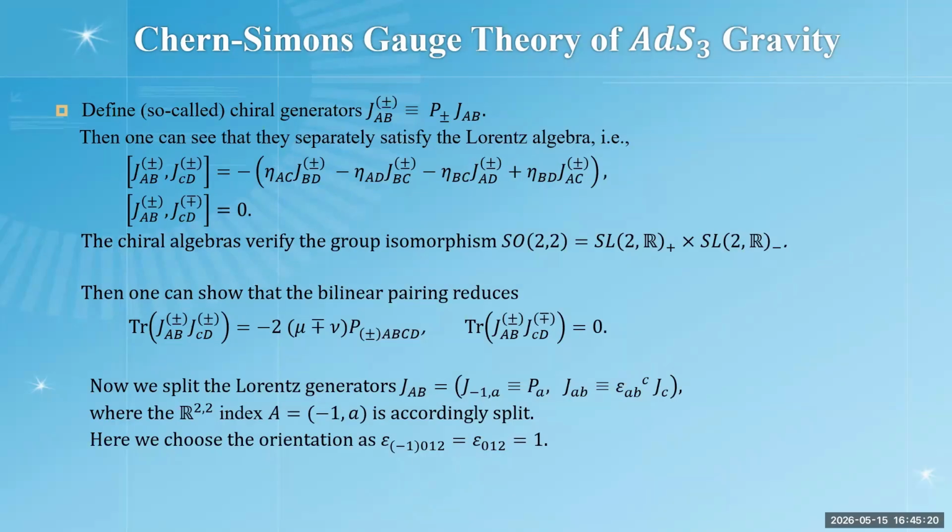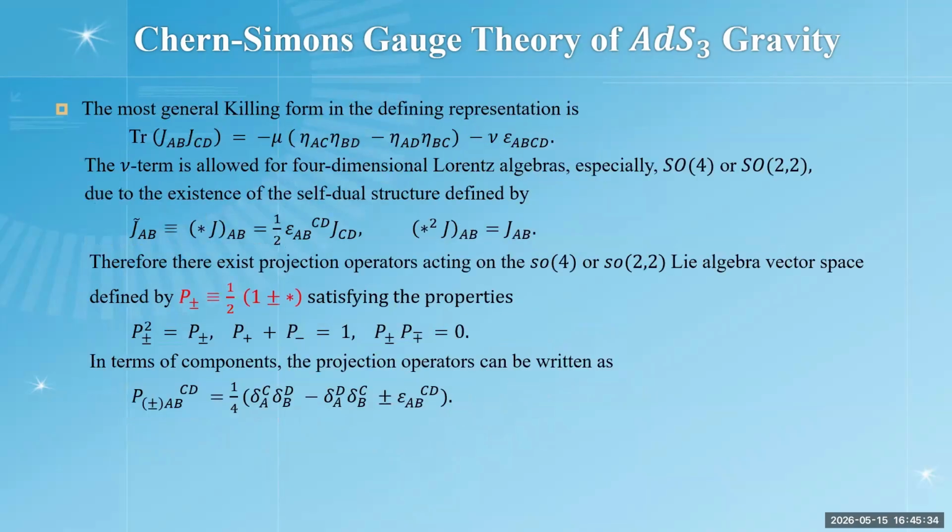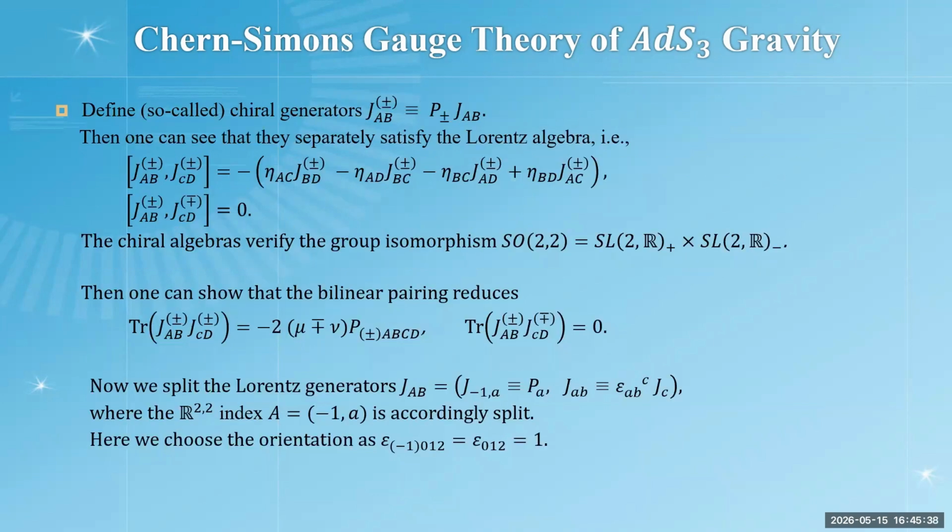And then you can easily check that these plus and minus chiral generators separately satisfy the Lorentz algebra, and they are commuting with each other. And then this previous Killing form can be reduced to this one for chiral generators. So we have mu and mu just mixed together in these chiral generators.